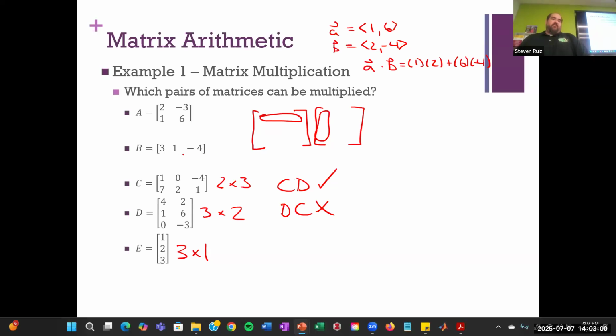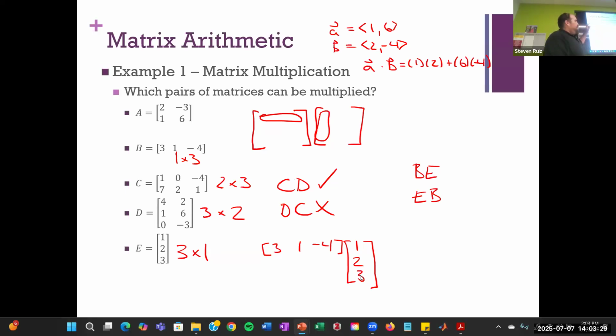What's the order of B? 1 by 3. So let's talk about BE and EB. Actually, these are really small, so I'll put them side by side. What does BE look like? It looks like 3, 1, negative 4, and 1, 2, 3. So what I said I wanted to do is multiply a row of the left matrix by a column of the right matrix.